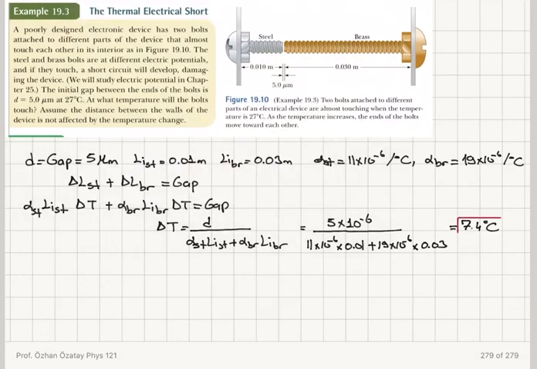So that's the change in temperature, 7.4 degrees Celsius. At what temperature will the bolts touch? Well, that's the change in temperature.